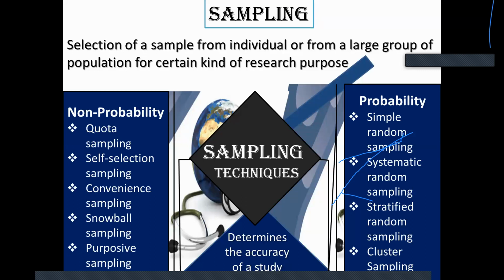If you choose non-probability, there is always bias of selection. That comes to the mind of every researcher. The moment you use non-probability, convenience, the first question is that there is selection bias. So when you use probability sampling, there is less bias in the selection of participants. I hope I've answered you right.